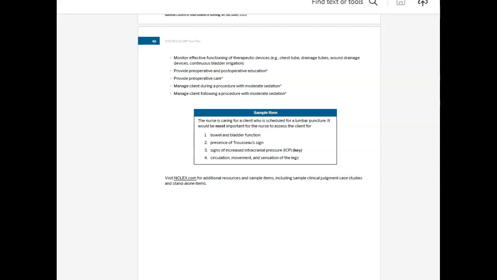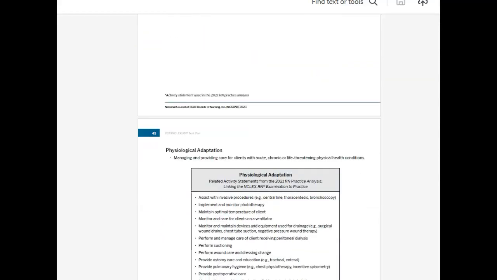It would be most important for the nurse to assess the client for, and since that's in the spinal canal and the spinal fluid is there, so we would want to assess them for signs of increased ICP. The Trousseau sign is related to calcium, bowel and bladder function. Would it be part of that? Circulation, movement, and sensation of the legs. That is unlikely that you'll have nerve damage, but they are doing some things with the spinal fluid, which does impact the intracranial pressure. So that's why number 3 would be the answer there.